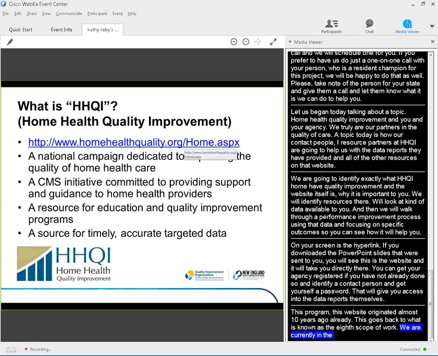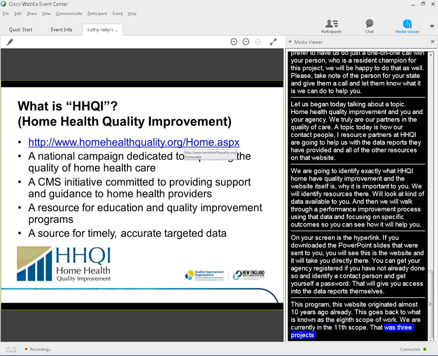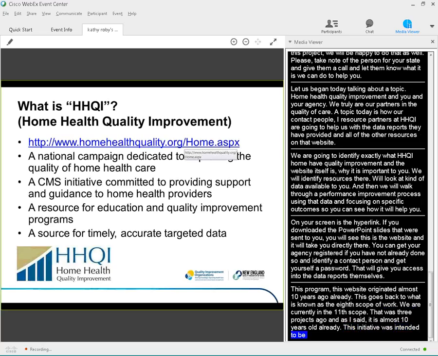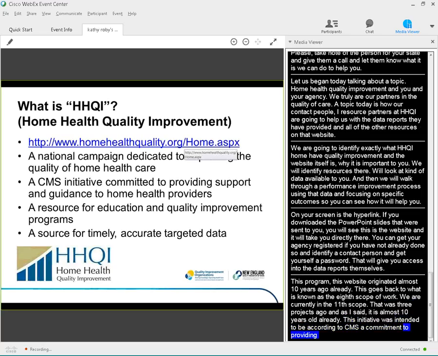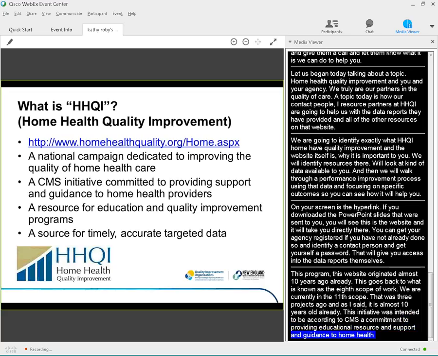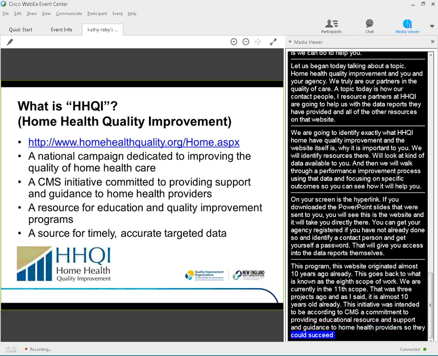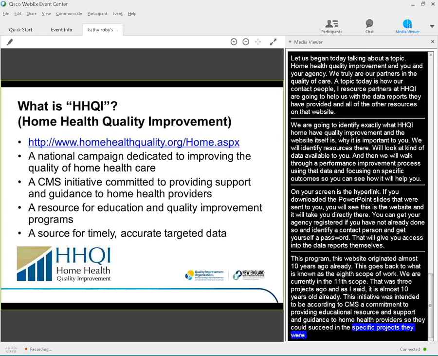This initiative was intended to be, according to CMS, a commitment to providing educational resource and support and guidance to home health providers so that they could succeed in the specific projects they were working on. It's a national campaign dedicated solely to improving the quality of home health care.